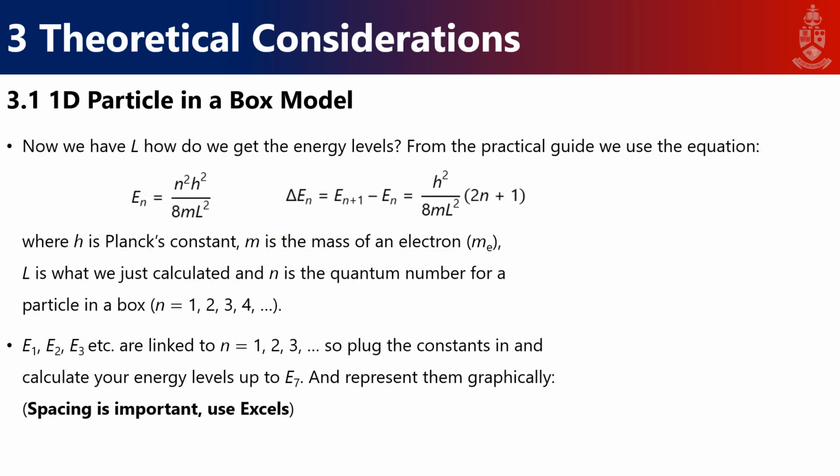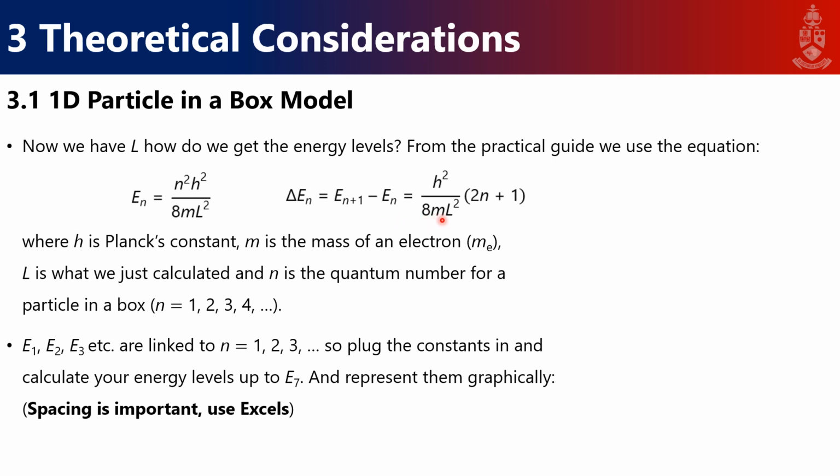Once we have L, we can use our quantum mechanical model for a 1D particle in a box to calculate the energy of a specific energy level using this equation: n squared h squared over 8mL squared. We can also use that to calculate the energy required for a transition from one energy level to another.